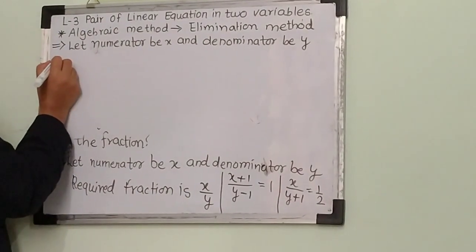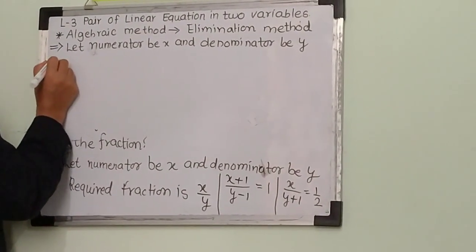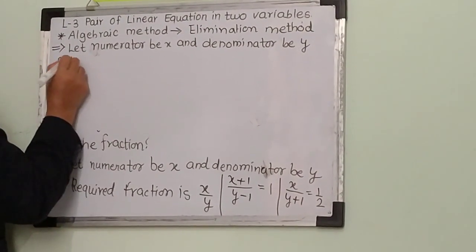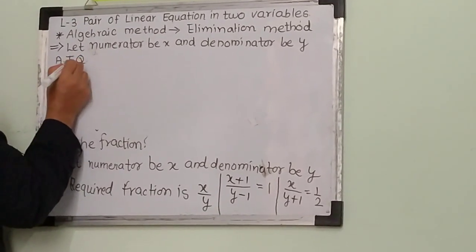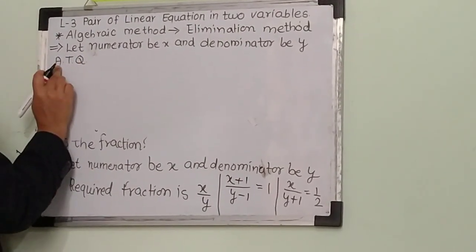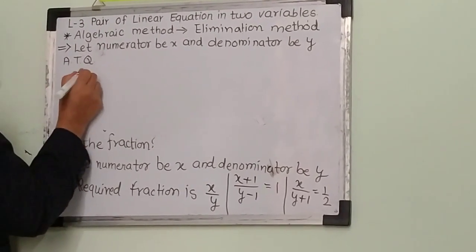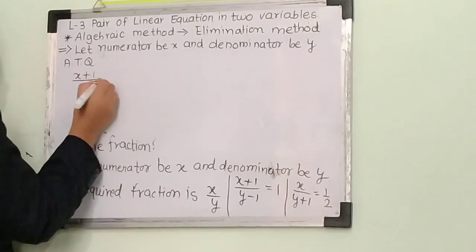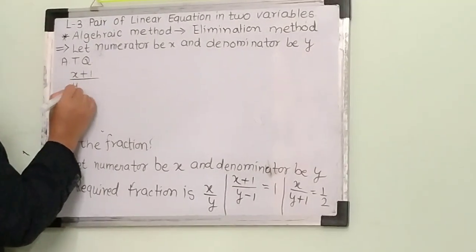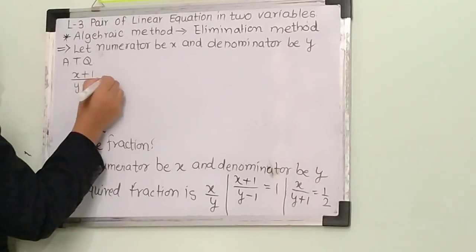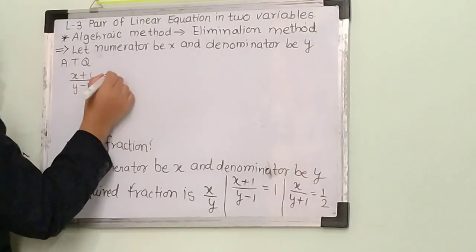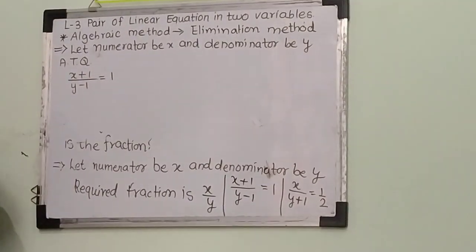According to the question, the first condition: when we add 1 to the numerator and subtract 1 from the denominator, your fraction reduces to 1.